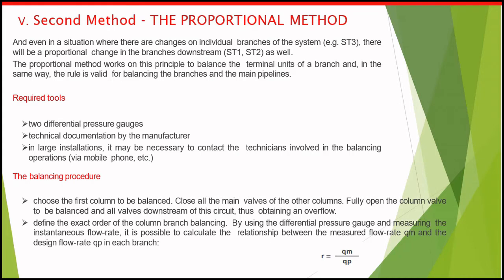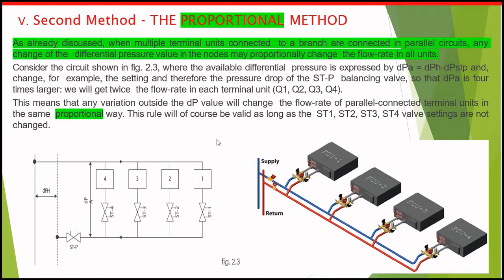The balancing procedure in this method requires calculating a ratio which relates the measured terminal flow to the design flow for this terminal.